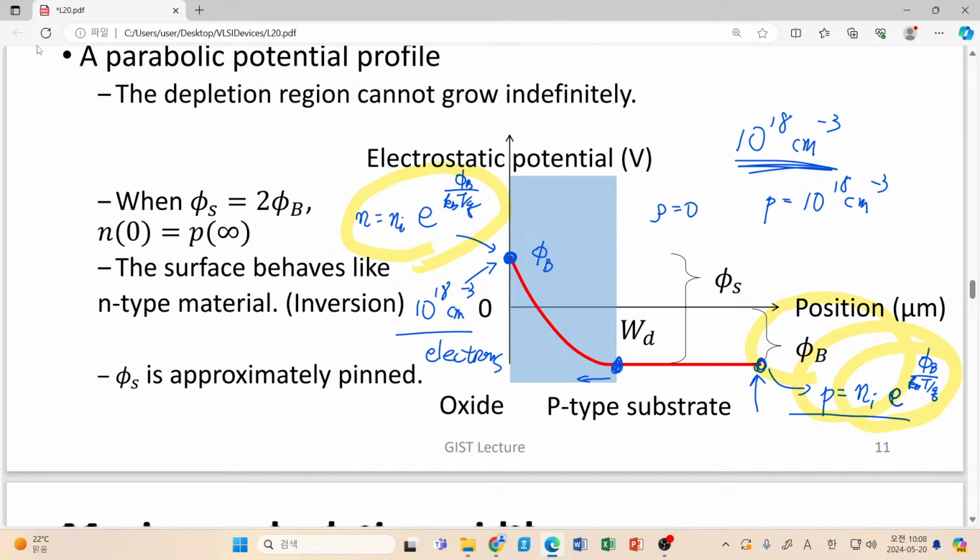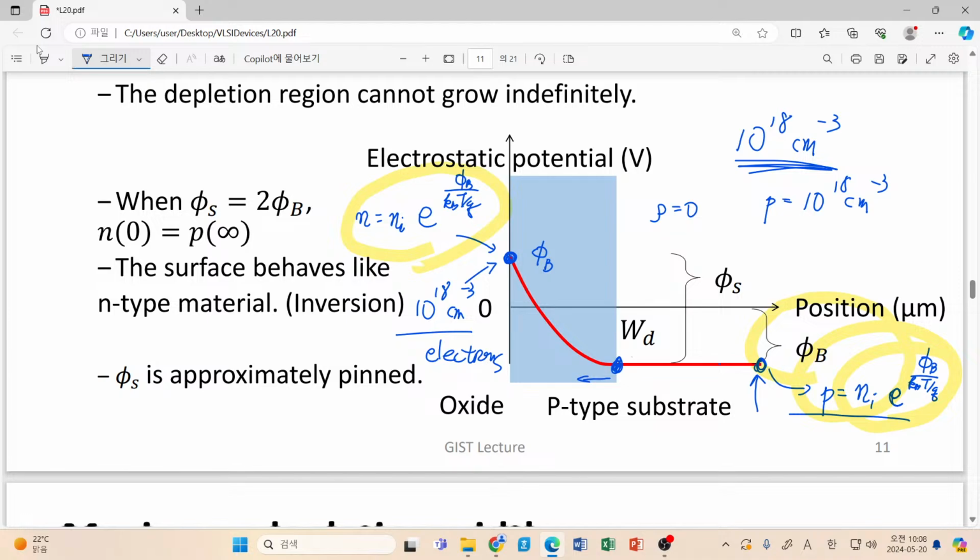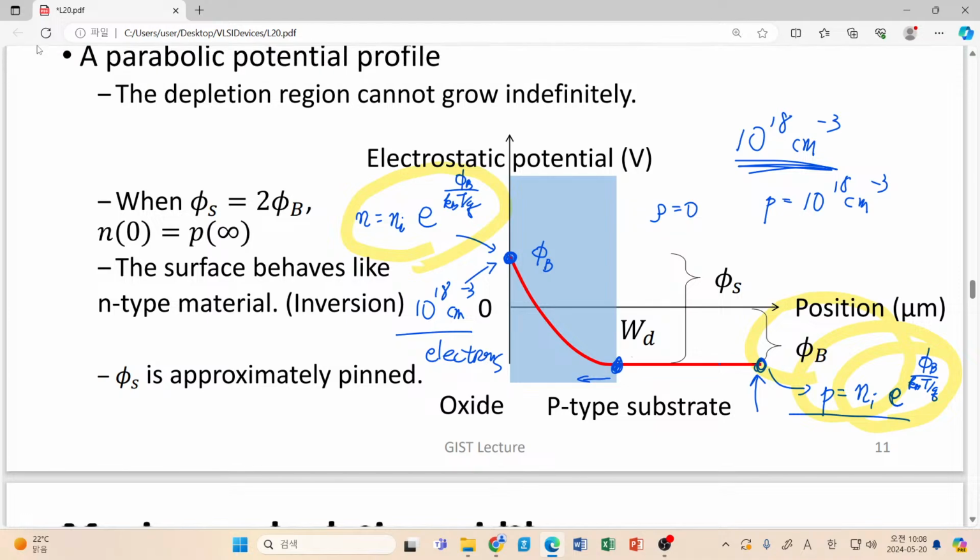Here we have electrons. Here we have holes. Just like magic, we changed the polarity of carriers. So this condition is special, and it is regarded as an indicator for the inversion property.